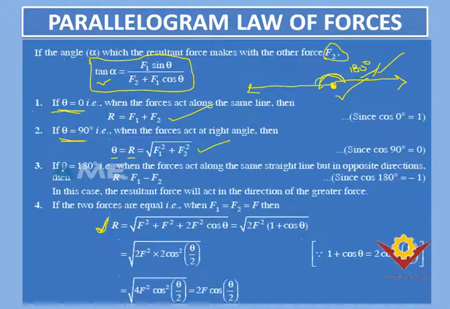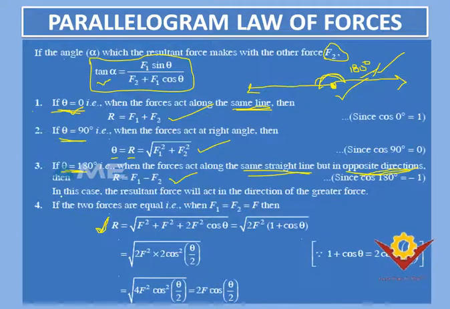If theta equals 180 degrees, that means the forces are acting in the same straight line but in opposite directions. Coming to 0 degrees, the forces act along the same line in the same direction, but here it is acting in opposite directions. And for that your resultant is R equals F1 minus F2.